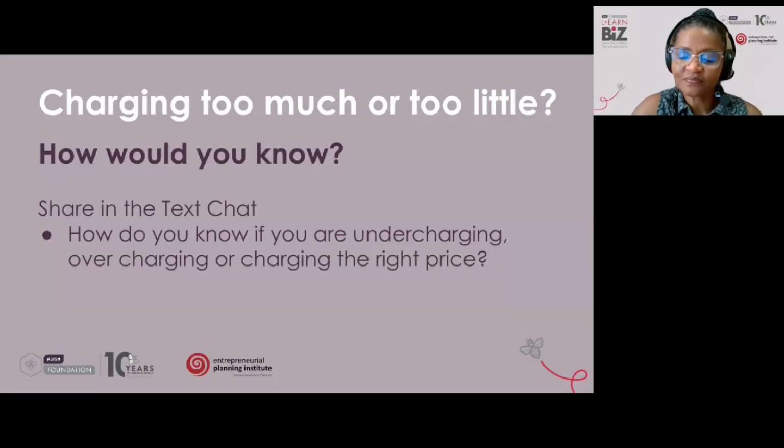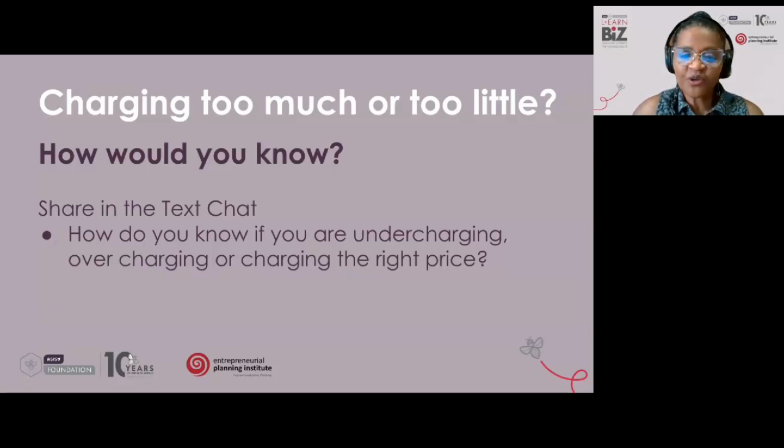Overcharging, I think, is when a certain service takes you less time to do, and then you overcharge a client knowing that it's just 2 minutes. That's how I see how you recognize overcharging.